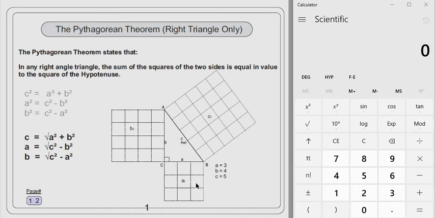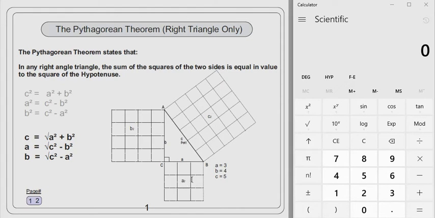So we have 9 squared units here, 16 squared units here. The sum of those two values added together, 9 plus 16, equals 25. So we have the 25 squared units over here, and that is exactly equal to the sum of the squared units of the other two sides of the triangle.